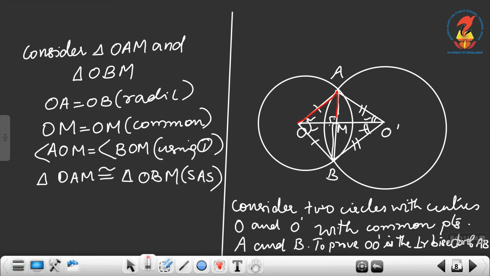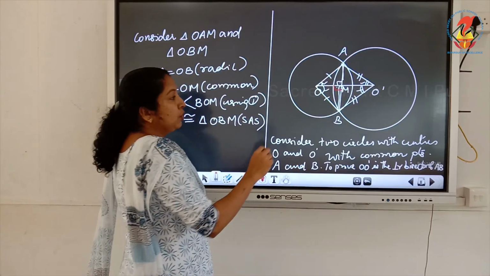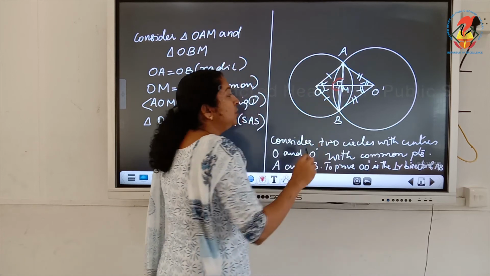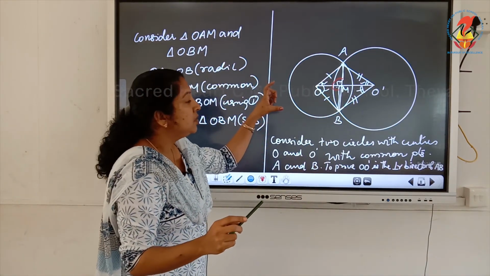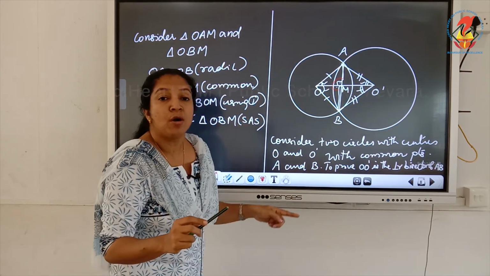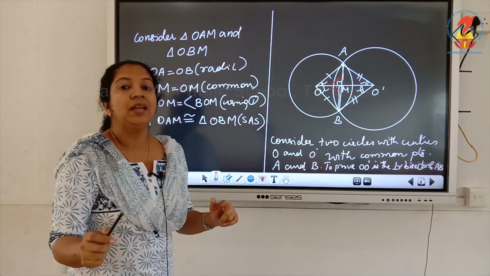If these two are congruent, what can we say? AM is equal to BM and these two angles are equal. But what about the sum of these two? 180 degrees using linear pair, because they form a straight line.